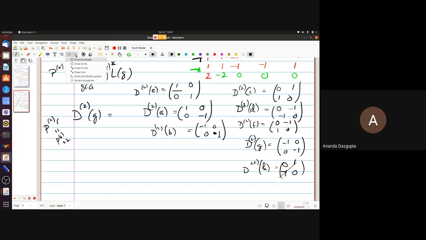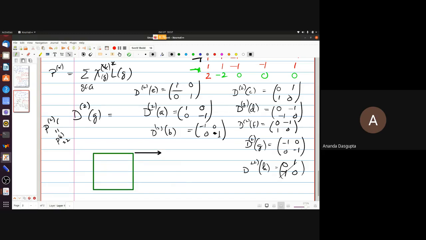Okay, let's draw our original square again, and now I'm just going to start again with maybe just this arrow.